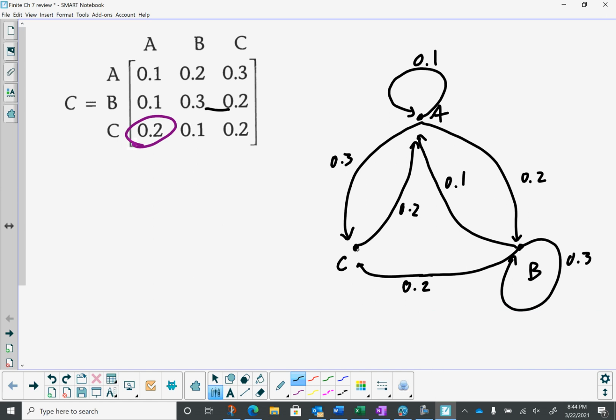C back to B, that's a 0.1. And then C to itself is 0.2. So a rather silly looking graph here.